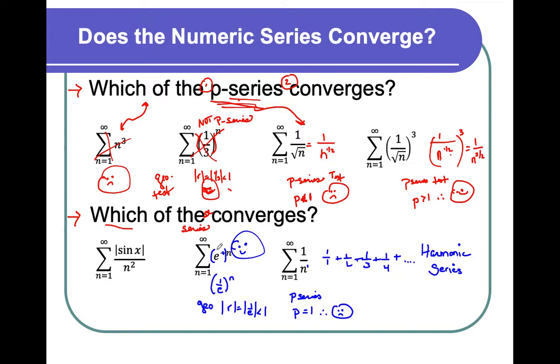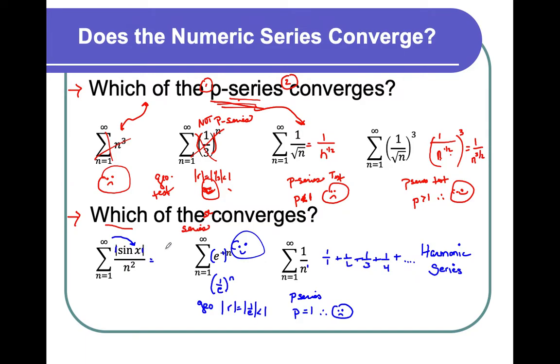So the only thing I have left is this guy over here, which kind of made me worried because I was unsure about what was going on with this. And really, this isn't a numeric series because I have an x, so I probably shouldn't have put this on here. But I only wanted to show you this because no matter what x you put in, since this is the absolute value, what does this really look like? What's the highest value of the absolute value of sine x?